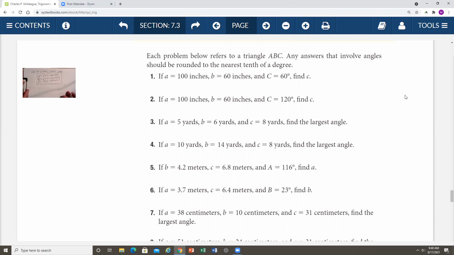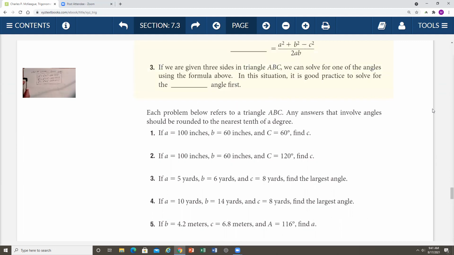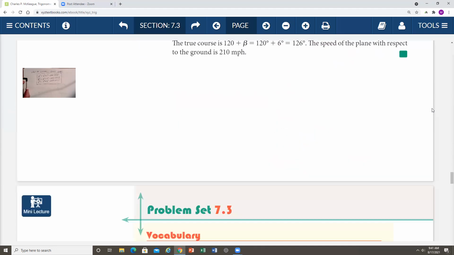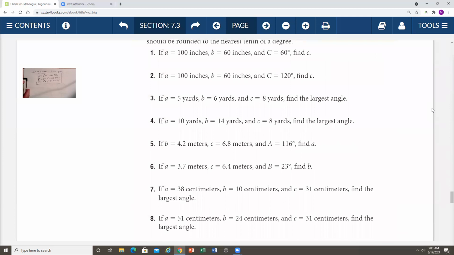Okay. All right. So let's just dive into a problem here and see how we can apply the law of cosines. Problem number 2. This occurs on page 351. Page 351, number 2. They indicate to us that we have a triangle ABC. Side A measures 100 inches. Side B measures 60 inches. And angle C, notice, is an obtuse angle, which is 120 degrees.